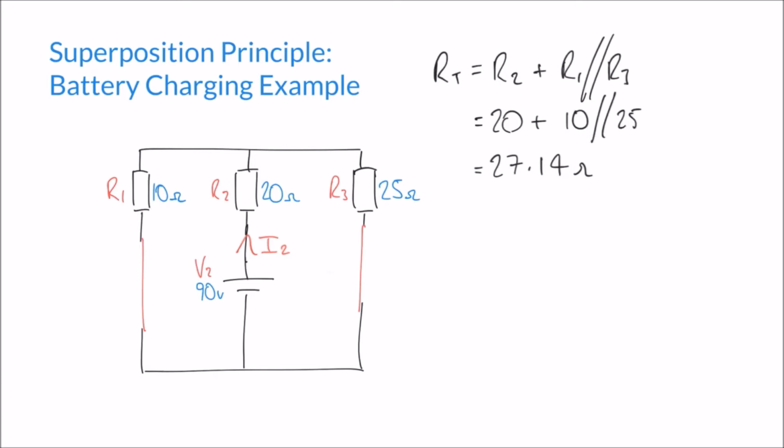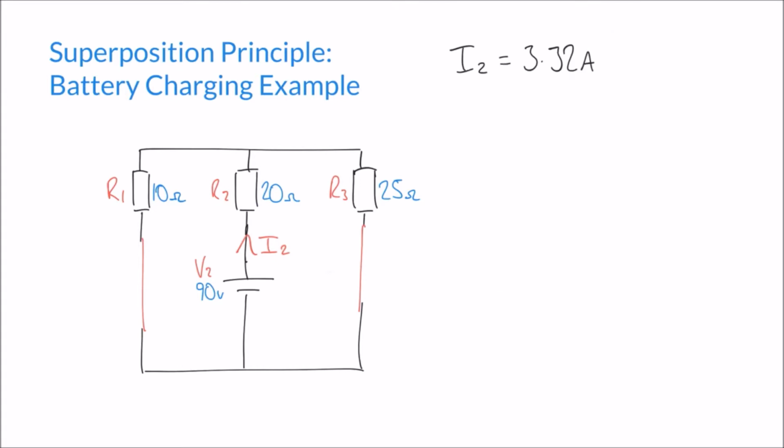So to begin with, I2 is going to be our equation for Ohm's law, and in this case V over R is going to be 90 over 27.14, and that gives me a current I2, our supply current in this case, of 3.32 amps. So my current I2 is 3.32, and again we're going to use the current divider rule to split that 3.32 amps into I1 and I3.